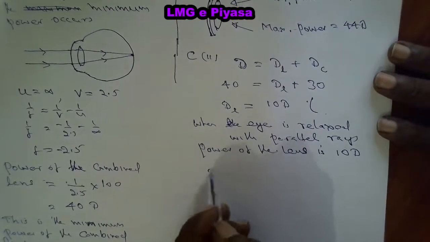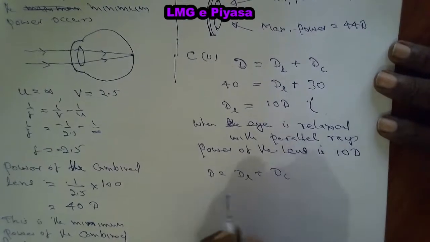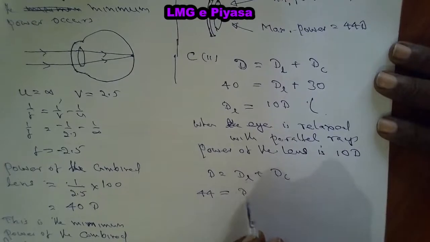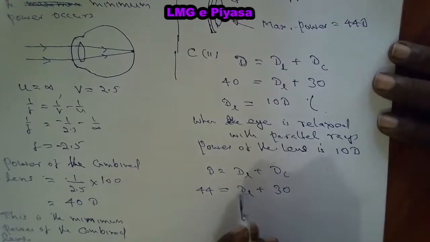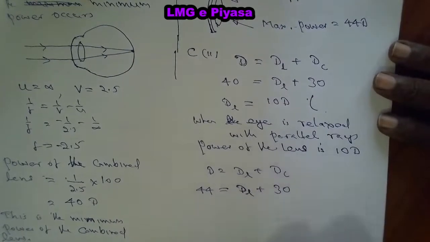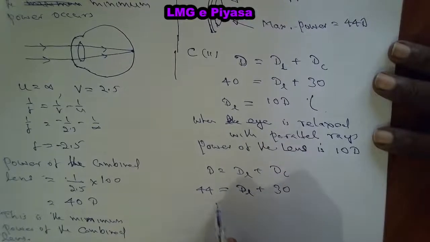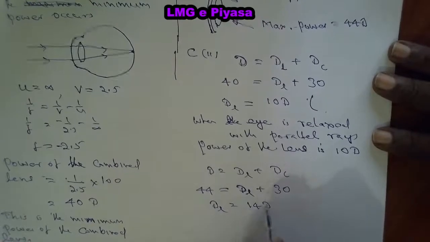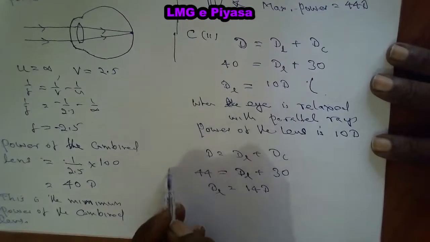Then you can apply again D equals D_L plus D_C. The maximum power is 44. D_L plus D cornea, where the power of the cornea is given as 30. Then D_L equals 14 diopters, right?